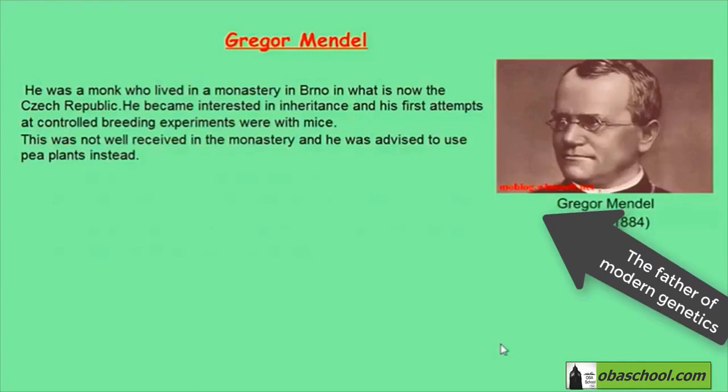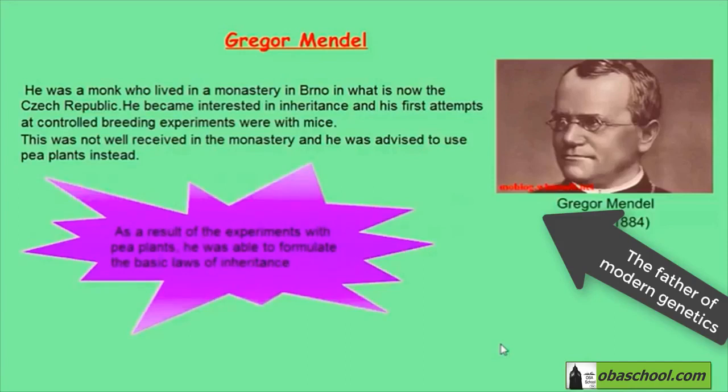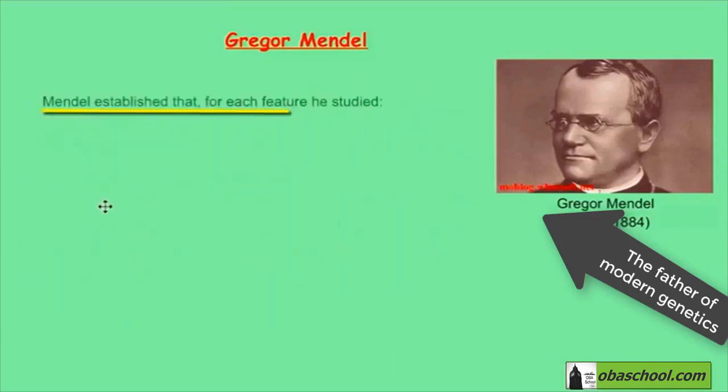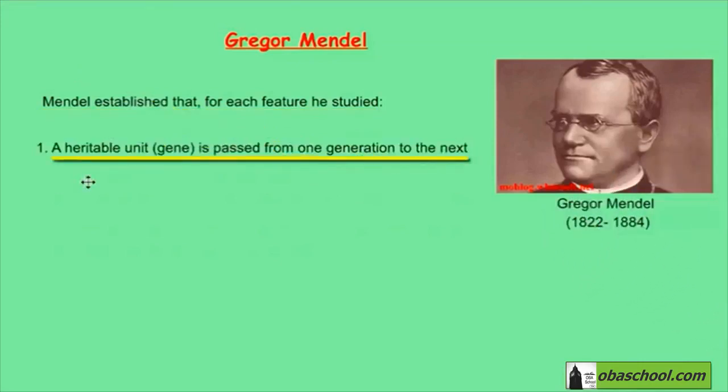As a result of the experiments with pea plants, he was able to formulate the basic laws of inheritance. Mendel established that for each feature he studied, so for each feature of the pea plant, a heritable unit, which is called a gene, is passed from one generation to the next.